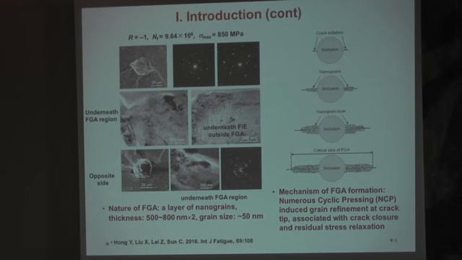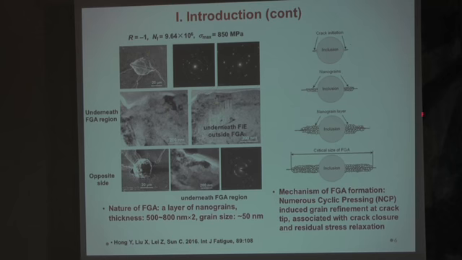We very carefully observed the crack initiation region on both fracture surfaces at the same point, showing that on these 2 surfaces, the crack initiation area of the FGA is a layer of nanograins, with a grain size of about 50 nanometers.